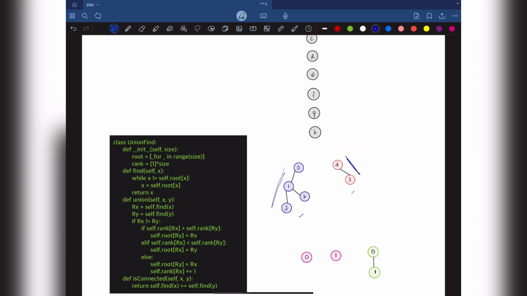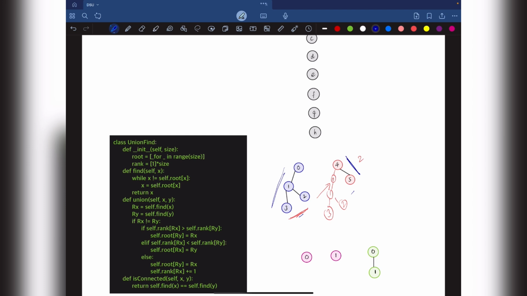It is inevitable in the sense that the height will increase or decrease depending upon which component you are trying to merge. For example, if I merge this component with a larger height into a component which already had a smaller height of 2, we get something like this: 0, 1, 2, and 3.